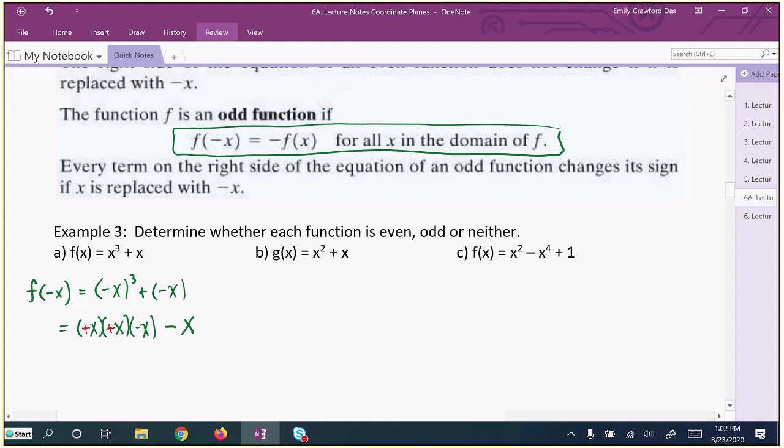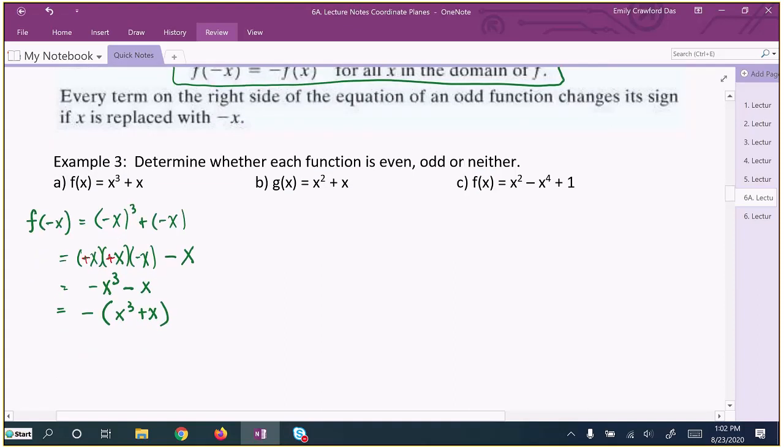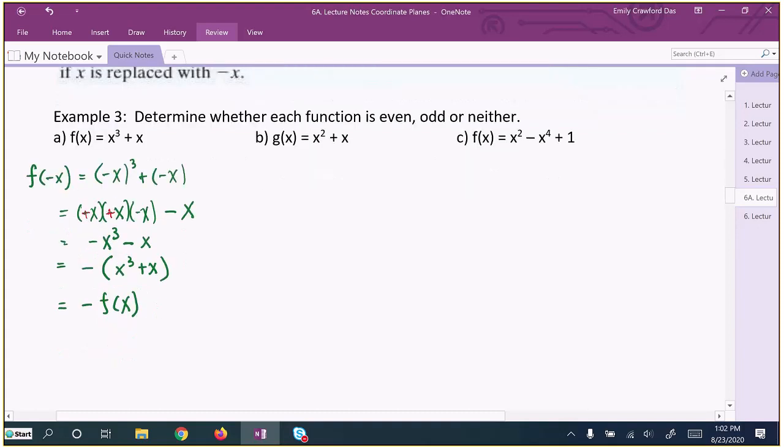So this does end up staying negative. This is minus x cubed minus x. And then I can factor out that minus, and I could write this as minus, start my parenthesis, x cubed plus x. So when I compare with my original function, this is exactly minus f of x. So f is an odd function.